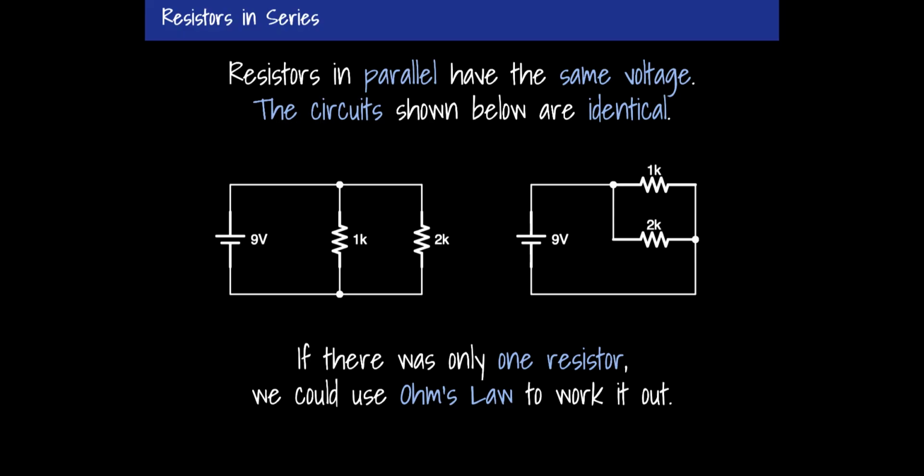The name parallel can be a little bit deceiving because here the 1K and the 2K are on parallel lines. Oh, so they must be in parallel. And the 2K and the 1K here in the right-hand diagram are on parallel lines, but instead of vertically parallel, they're horizontally parallel. That is not the definition of a parallel combination. Parallel combination is same voltage.